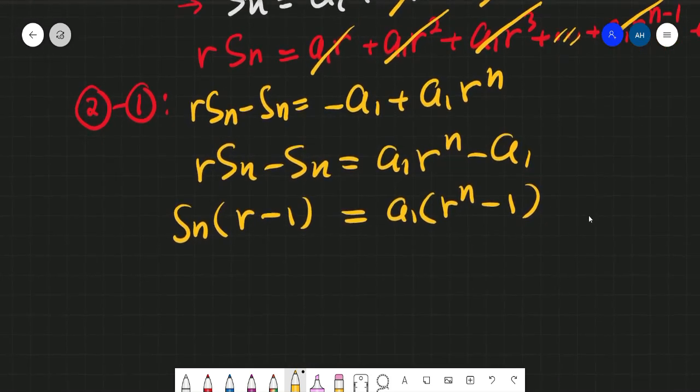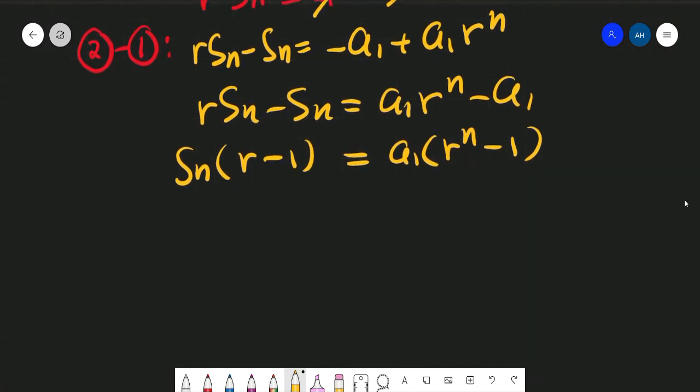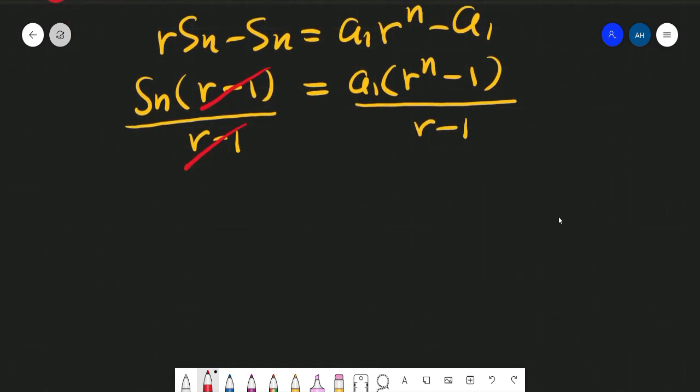Now we are interested to find Sn, so we have to divide by r minus 1, on the right and on the left. If we do that, then r minus 1 on the left will cancel, so we are left with the terms on the right hand side. So now we have Sn equal to a1 multiplied by r to the power n minus 1, divided by r minus 1.